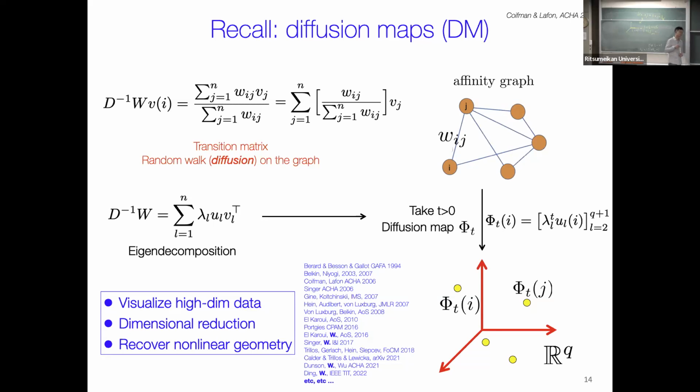So theoretically, it's guaranteed when you have more and more points. I will show you one version, which is a variation of diffusion map for computational purposes, later. But the same ideas hold for generic algorithms. Okay.